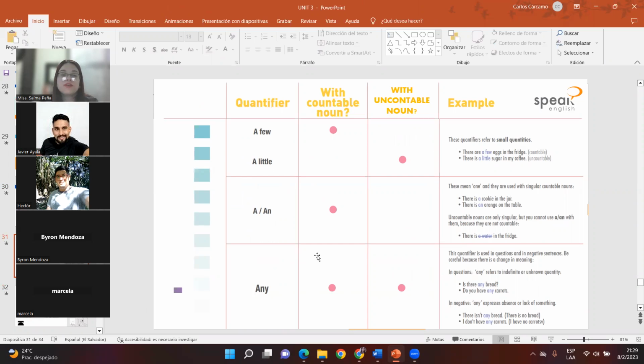With a few and a little, it's the opposite from much and many. A few and a little, we use when we want to talk about small quantities. There are a few eggs in the fridge, or there is a little sugar in my cup. A few, countable. A little, uncountable.